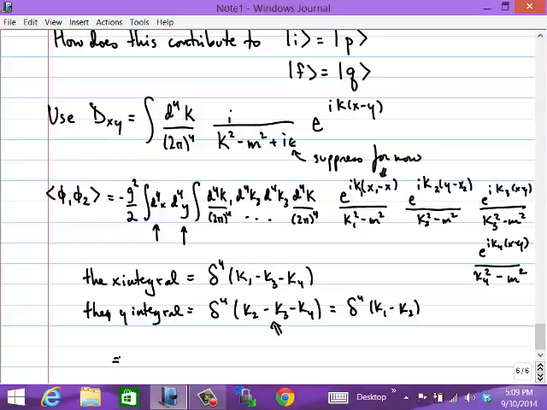So I could write that contribution to the 2-point function as g squared over 2 times, I'll do the d4x, d4y, and d4k3 integrals, and write this as an integral d4k1, d4k2, d4k4 of a delta function that sets k1 equal to k2.